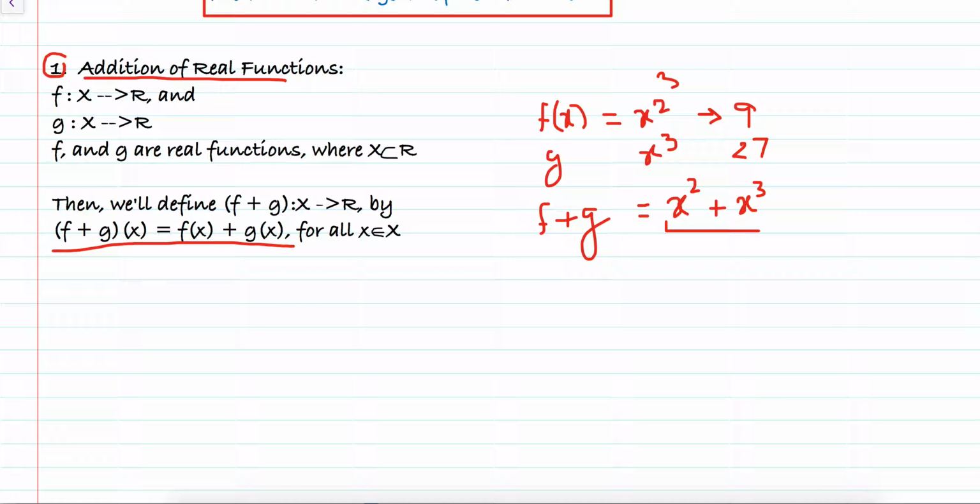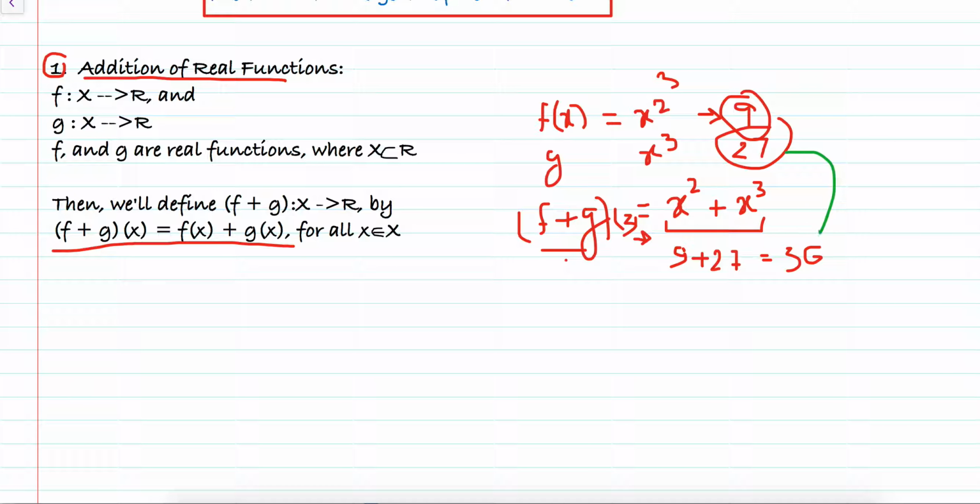If we put 3 in this f plus g function, then we get 9 plus 27, which is 36. So (f plus g)(3) gives this value, and if we add f(x) and g(x) separately, we get 9 plus 27.